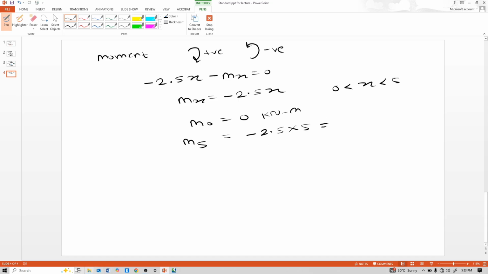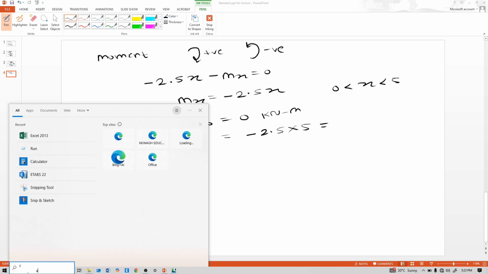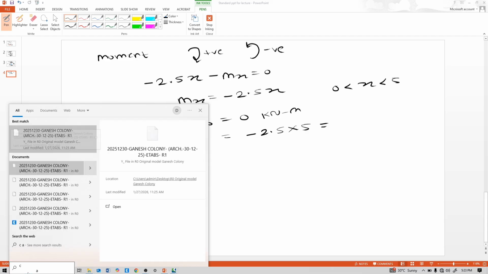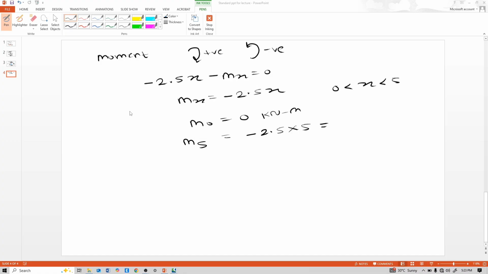So put in your calculator, 5 into minus 2.5, and unit is always kilonewton meter, minus 12.5.